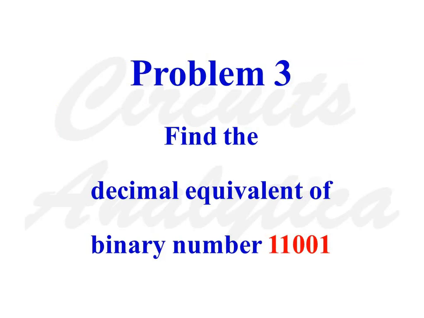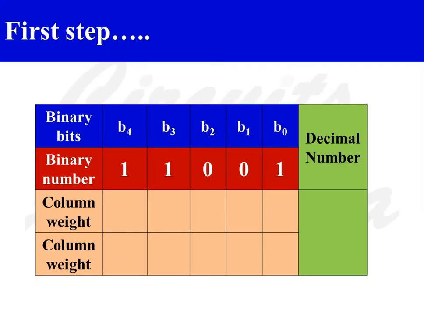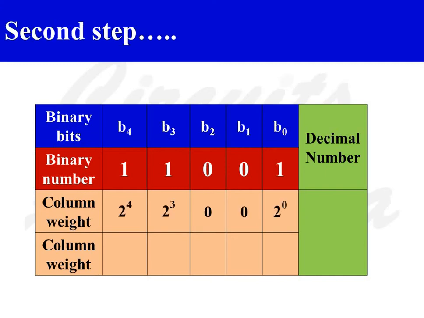Problem 3. Find the decimal equivalent of the binary number 11001. First step is to enter the binary number 11001. Next step is to enter the column weight as power of 2. So the column weights are entered as 2 raised to 4, 2 raised to 3, 0, 0 and 2 raised to 0 for bits B4, B3, B2, B1 and B0 respectively.